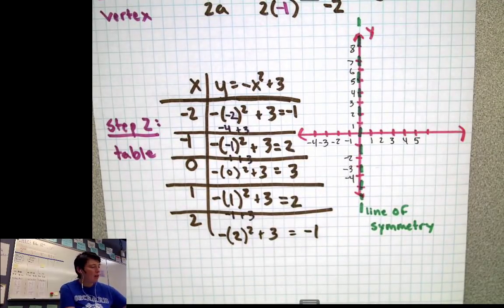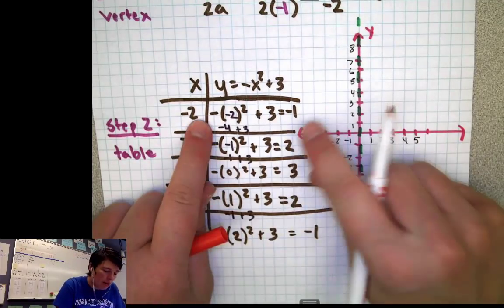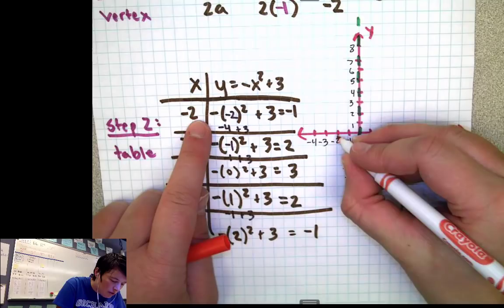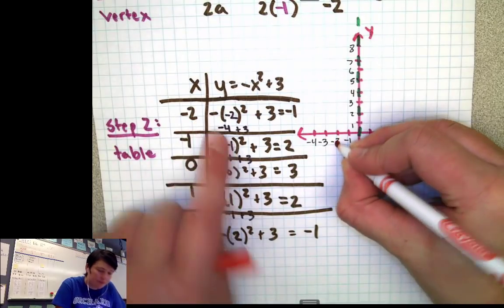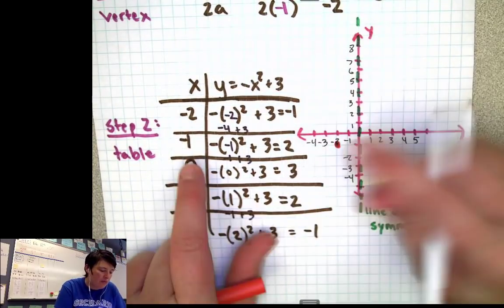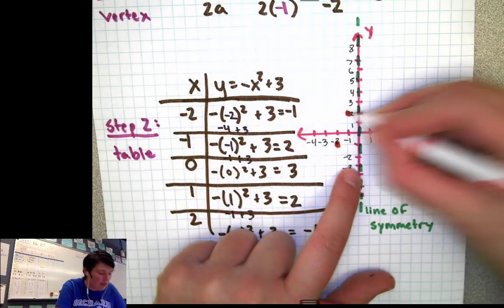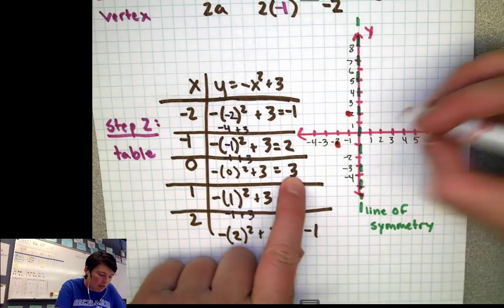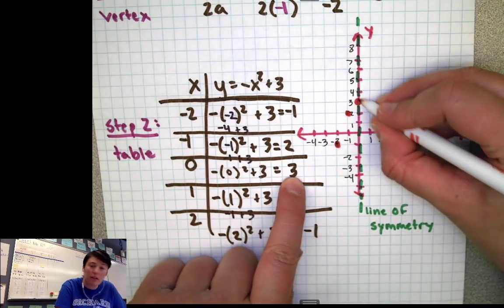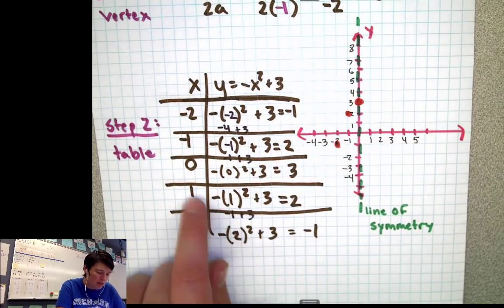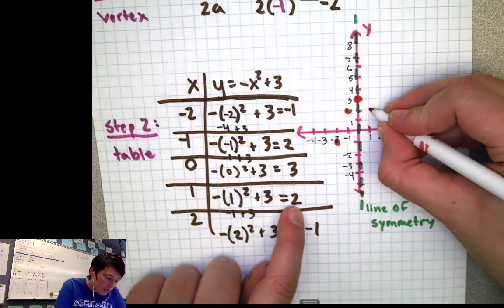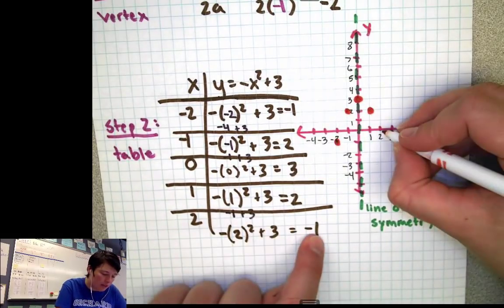So let's plot all of our points and get them on the graph and see what this looks like. Negative 2, negative 1 would be right there. Negative 1, positive 2 would be right there. 0, 3, that's on the line of symmetry. 1, 2. 2, negative 1.